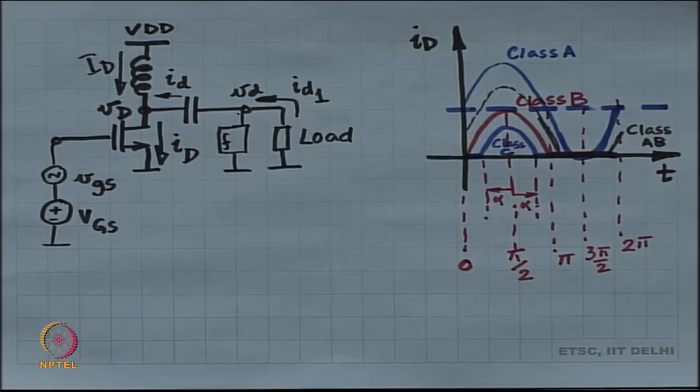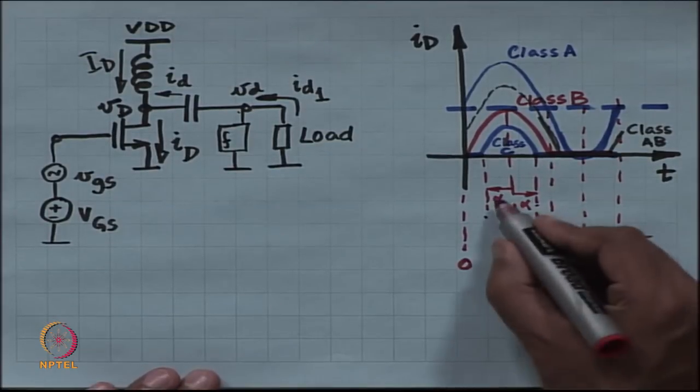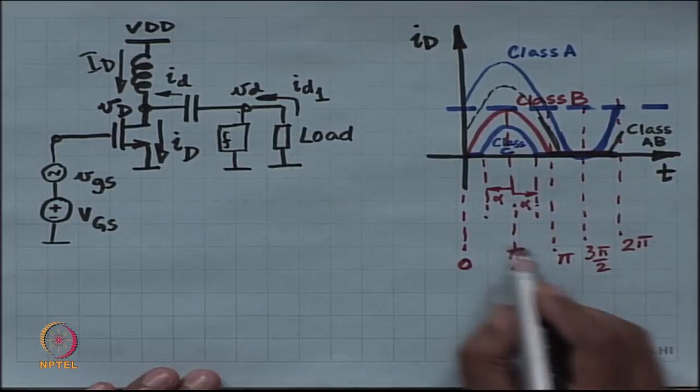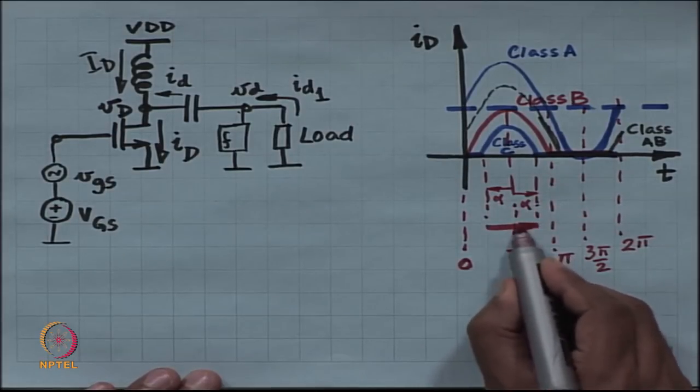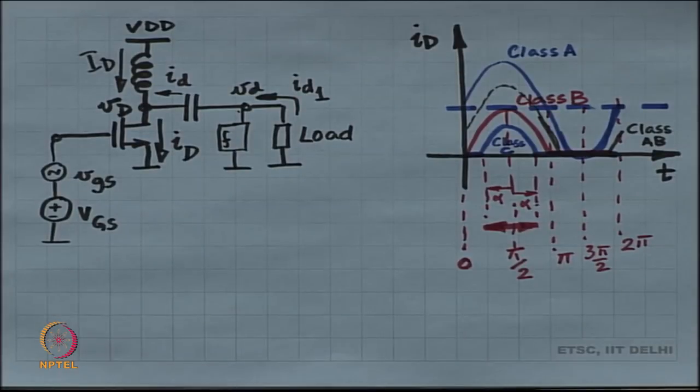So, let us say that the MOSFET is conducting from pi by 2 minus alpha to pi by 2 plus alpha in this region. All right. And we came up with a closed form expression for the maximum efficiency of the power amplifier.